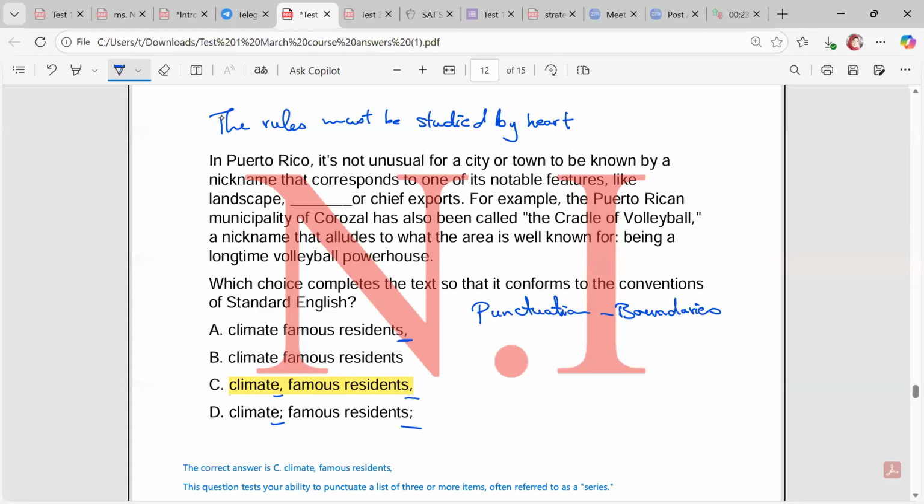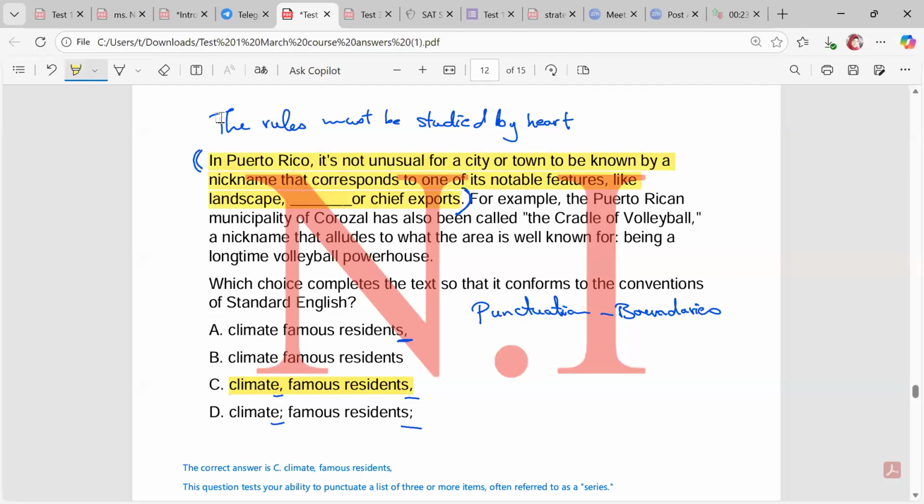Here we don't have a complex list, so let's read first and see. I'm going to read from the beginning of the sentence till its end. You must do that. You cannot read till the blank only. This is a fatal mistake. You must read the whole sentence that has the blank. That's a very, very precious tip.